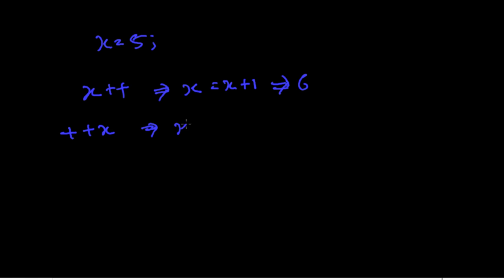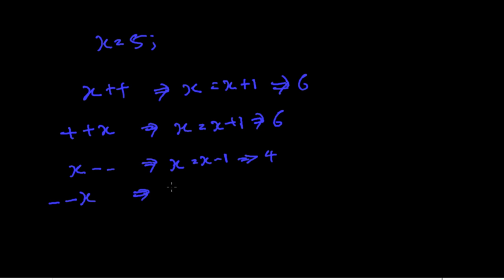It will also give us the same value, it's the same meaning, x plus 1, so it's equal to 6. Also, if we have something for plus, we definitely have something for minus as well. x minus minus, that's the same meaning as x equals x minus 1. So we have 4. So minus minus x carries the same meaning as x equals x minus 1, which is also equal to 4.